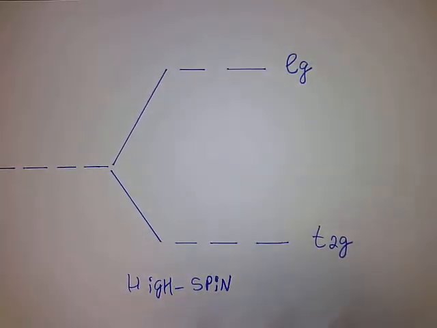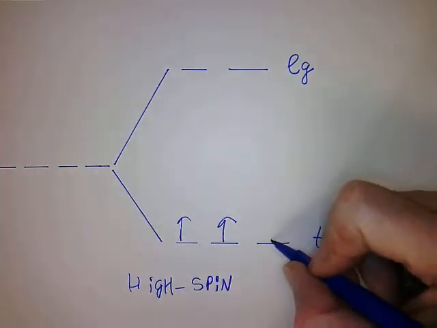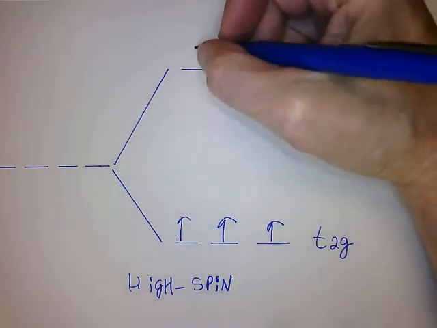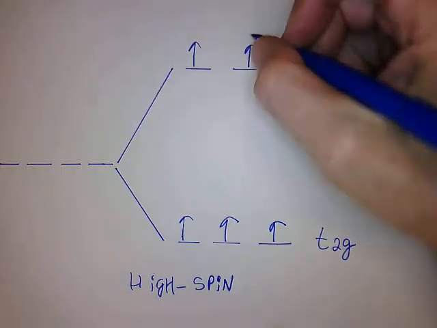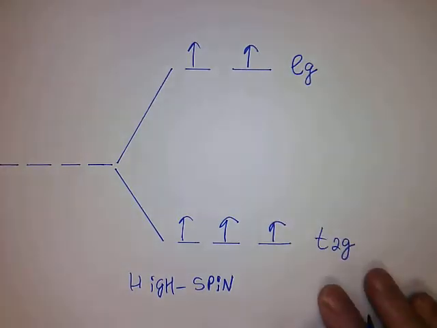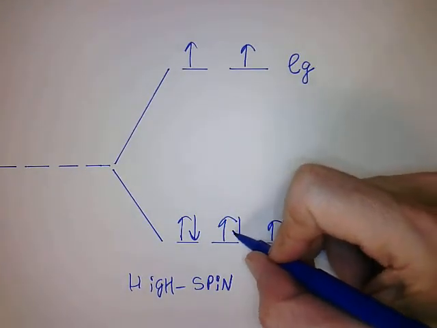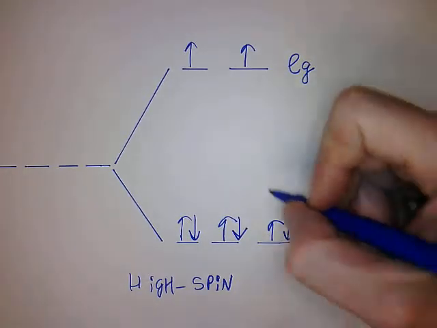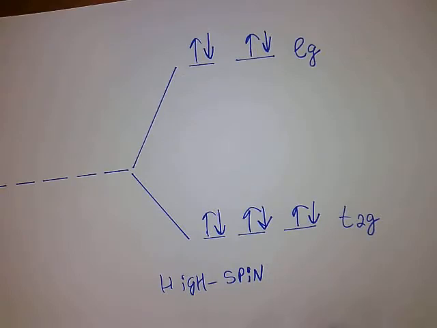We would go 1, 2, 3, and then we jump up here, and we go 4 and 5. Then we come back down here and start to complete it out: 6, 7, 8, 9, and 10. And that's the order in which you would fill these orbitals to write a high spin ion.